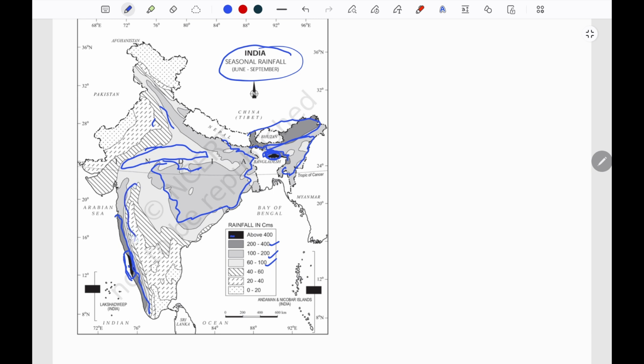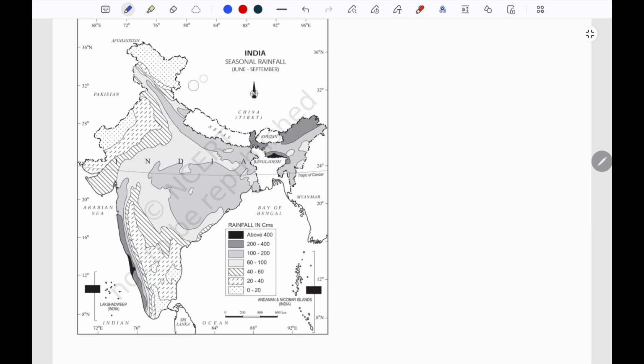And in the interior peninsular plateau, the interior parts receive very less rainfall. Why? Because this region lies in the rain shadow zone of Arabian Sea branch, and also this northeast monsoon is not strong enough to reach these interior parts, so it receives very small rainfall.